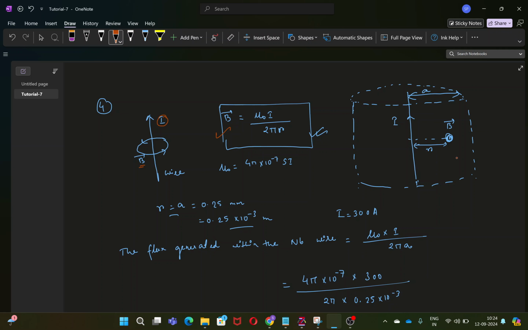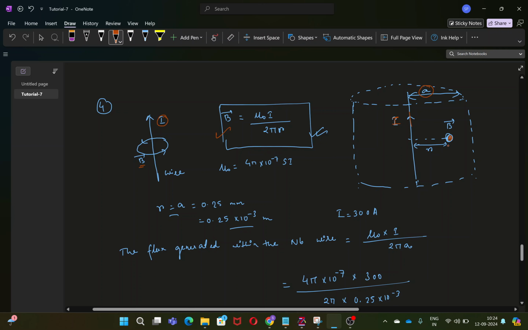Let's say you think of it as a cylindrical wire, and the radius of the wire is A. This is the axis of the cylindrical wire, and the current I is flowing along the axis. That is why we have put I over here along the axis. Let's say this r is some arbitrary distance from the axis of the wire up to this point.